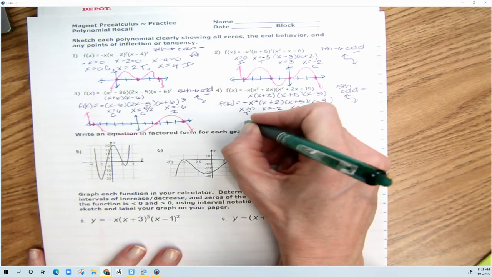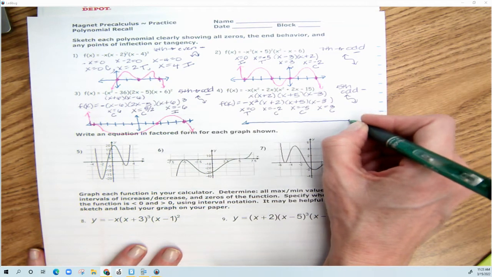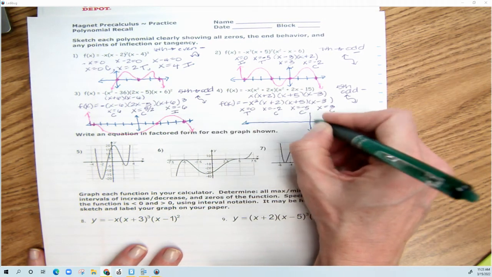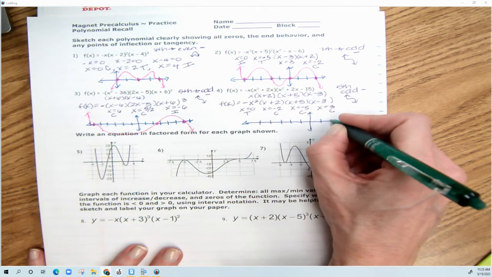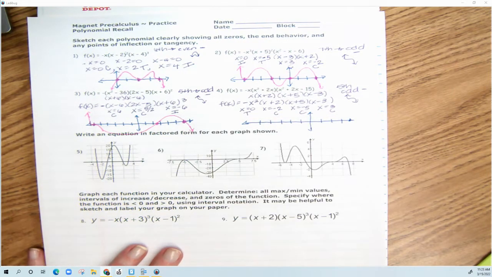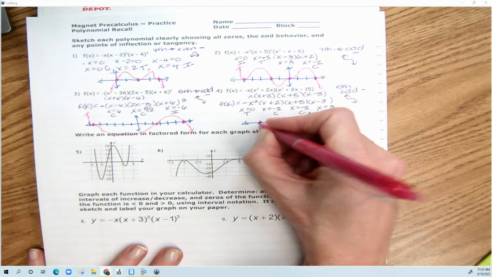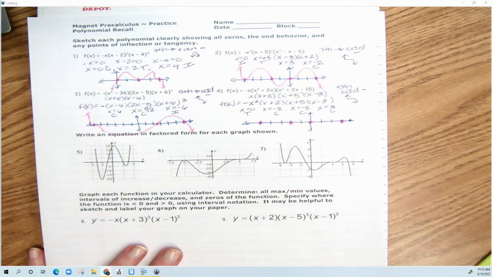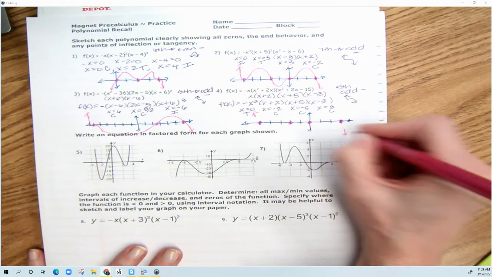My x-axis needs to have room for negative 5 to 3. 1, 2, 3, 4, 5. 1, 2, 3. All right, so 0, negative 2, negative 5, and 3 are my x-intercepts. And behavior is up on the left, down on the right.